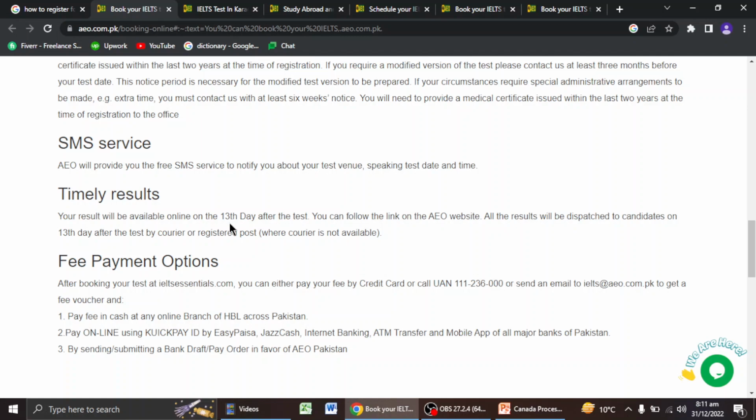So they would be registering their test for the 4th of January, expecting the results to be out before the deadline, and they end up missing out on sending the results. Now many universities actually allow you to send results later on as well. So it's not that big of a deal, but I think you should be very well prepared. Especially if you're tight on the deadlines, you should be expecting these things and be clear about what you want to do with this, right?